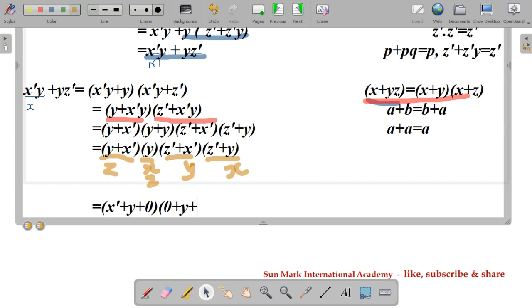Like this we have to write. But instead of writing the 0 values, I am substituting the missing variable. If we need to get 0, how do we substitute? Whichever variable is missing, z·z' equals 0, y·y' equals 0, x·x' equals 0. By this way we are applying the Boolean laws.